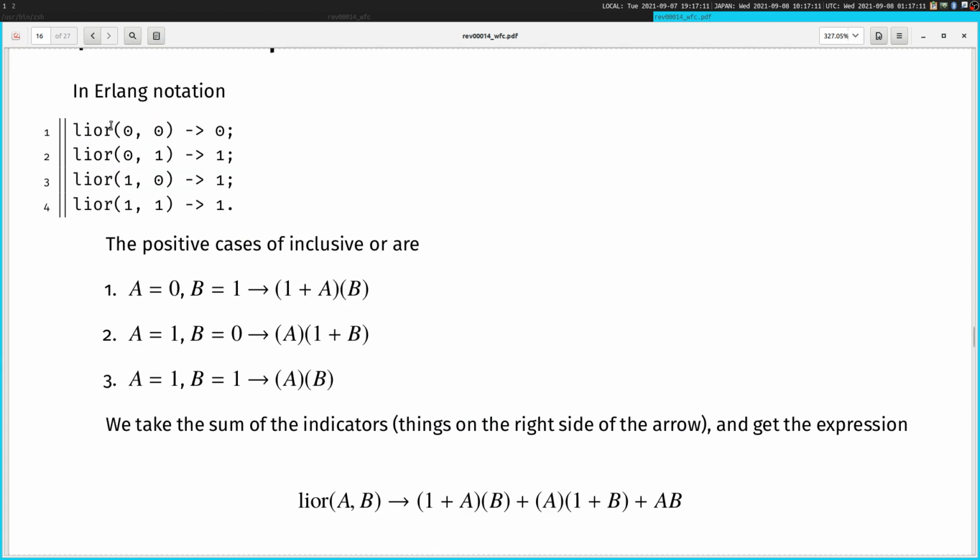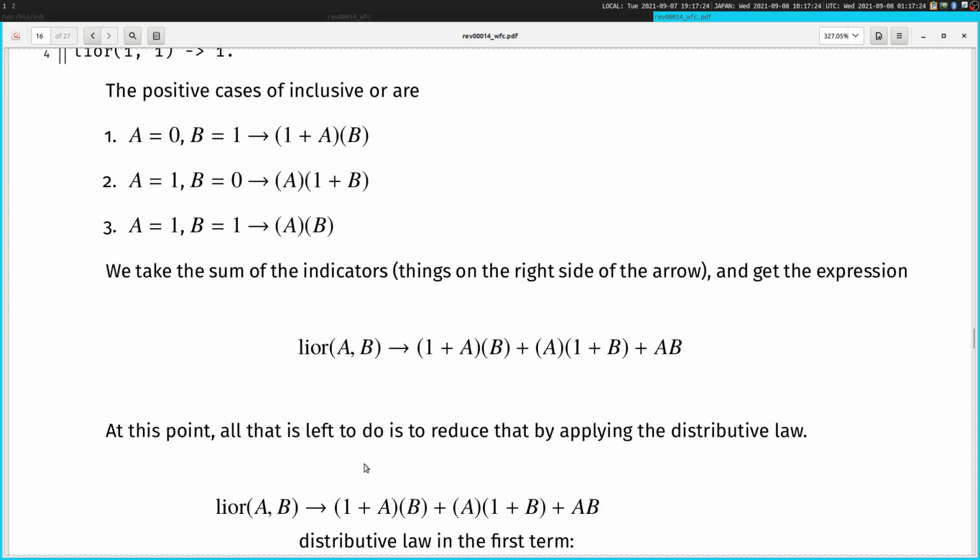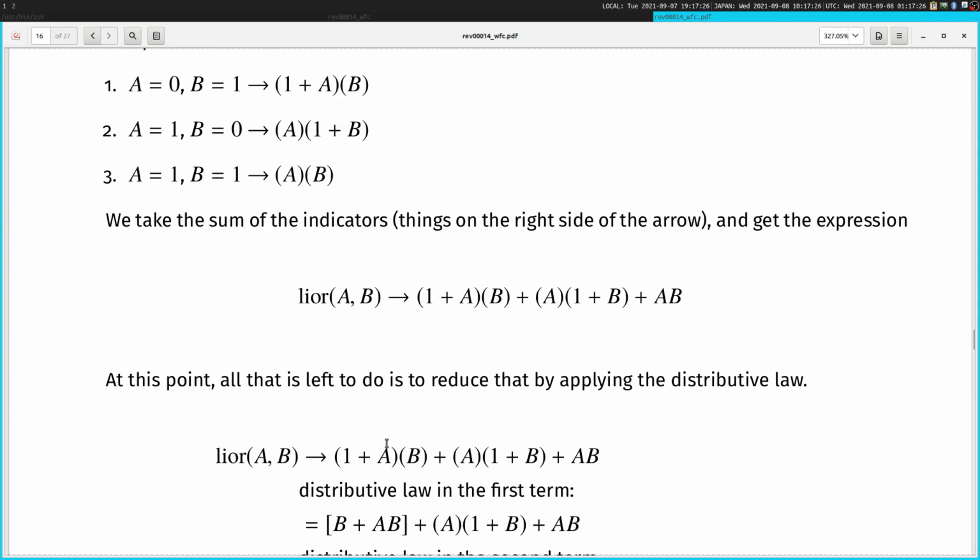Because if it's 0, we could have written 0 times the indicator for this row, in which case you would take that indicator and multiply it by 0, so it's pointless to write it down. And then what we're doing seems counterintuitive from this perspective, which is reducing it by applying the distributive law.